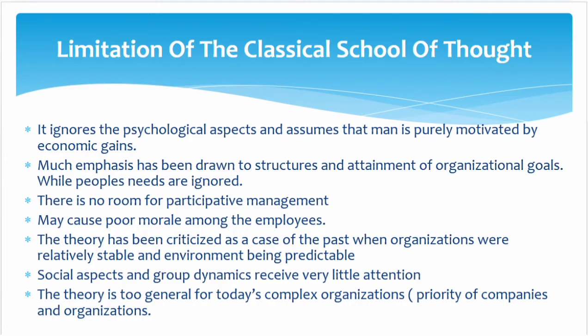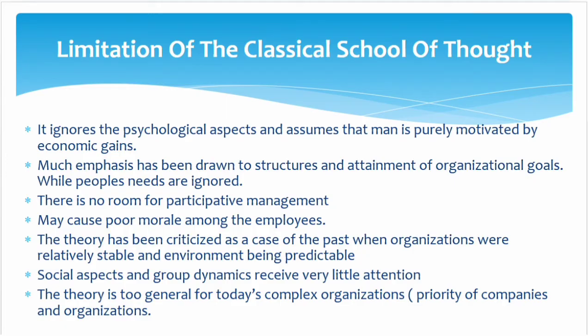The classical school of thought as a whole also emphasizes a structure where people's needs are ignored. Like Max Weber talks of a structure, ignoring the needs that an individual may have.